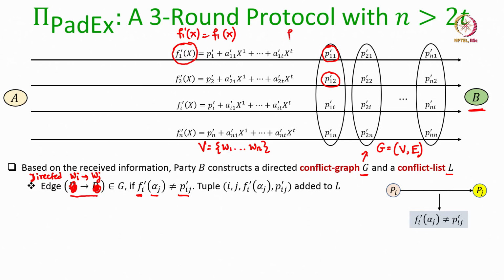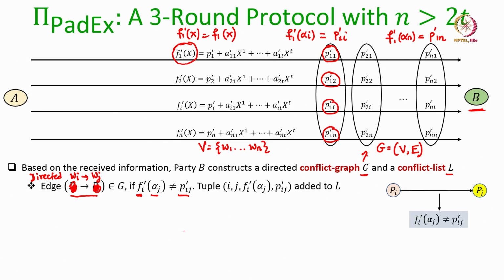In the same way, the polynomial f1 prime at alpha i should match the value p prime 1i, and like that the polynomial f1 prime evaluated at alpha n should match this last value p prime 1n.